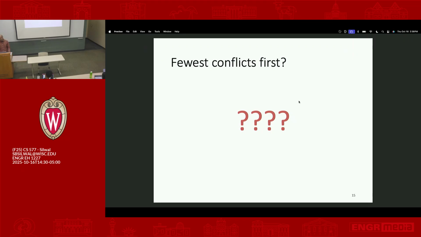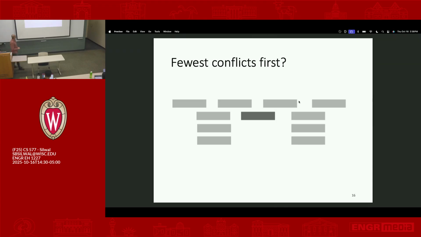This one's a little bit harder to think about, but you can see the optimal one is to take these 4, then you get to do 4 things. But every activity is intersecting with a lot of different activities, except this one. It's only intersecting with 2. So this greedy strategy would take this one first, but then you can't do more than 3 things. So this is also not a good strategy.